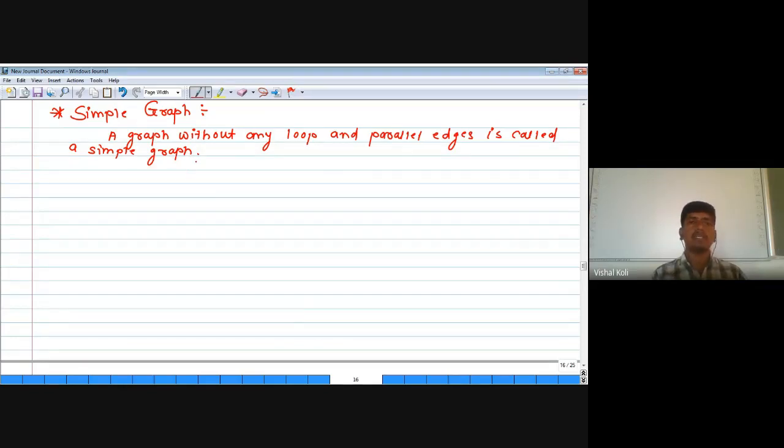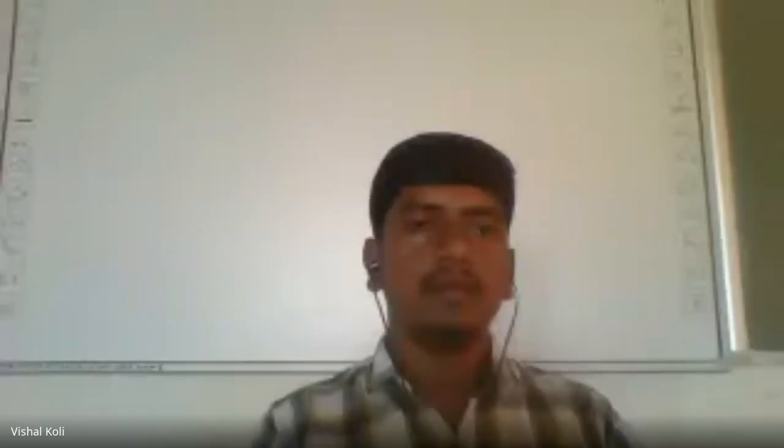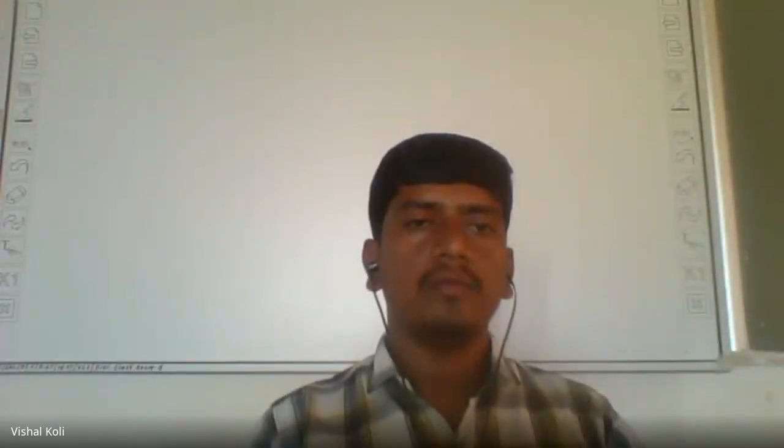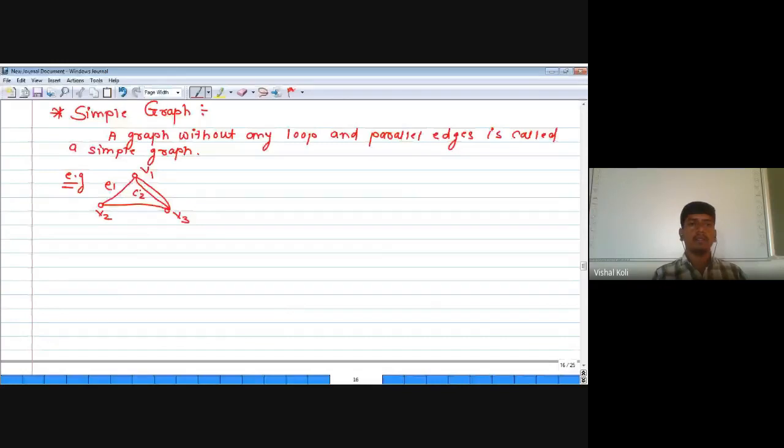That is, this graph contains no loop and no parallel edges. For example, E3 and E4.